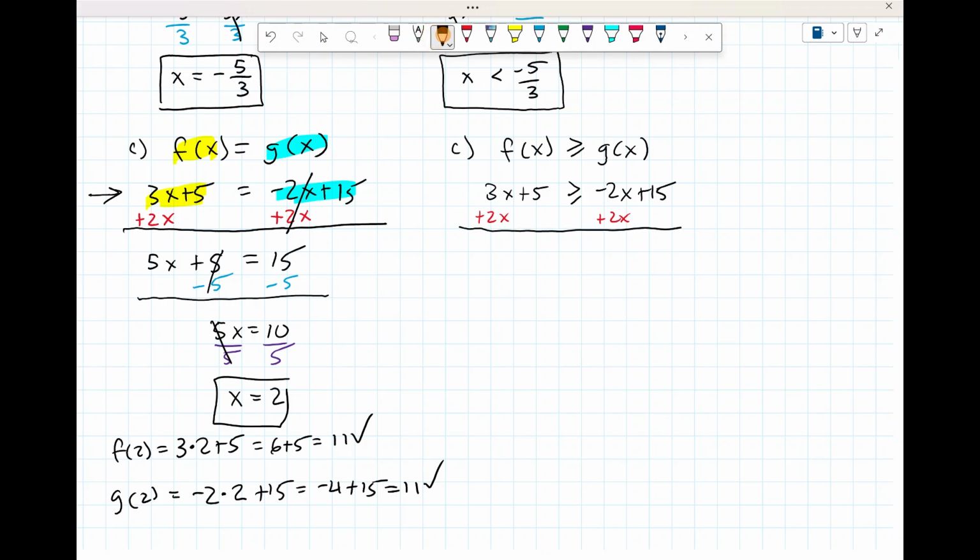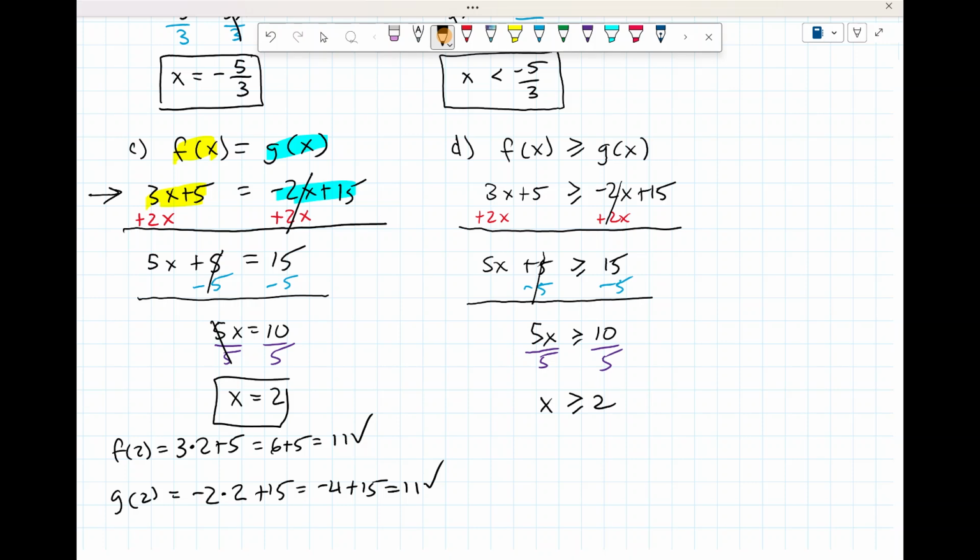Add 2x to both sides. Subtract 5 from both sides. And divide by 5. And I get x is greater than or equal to 2.